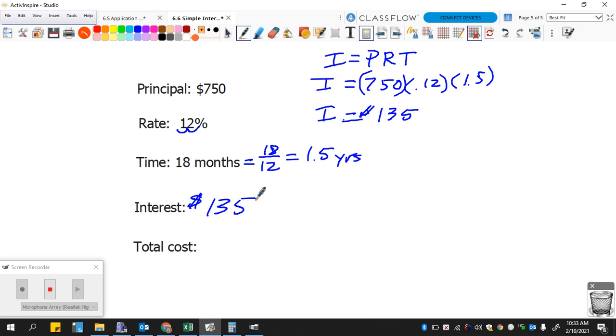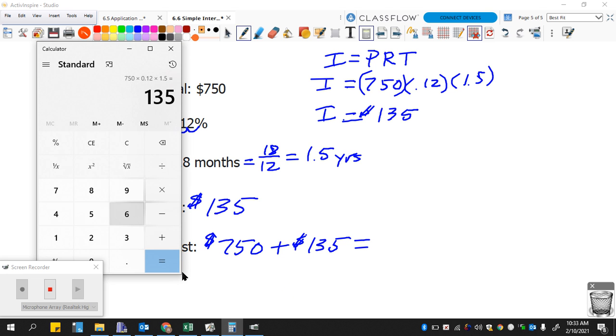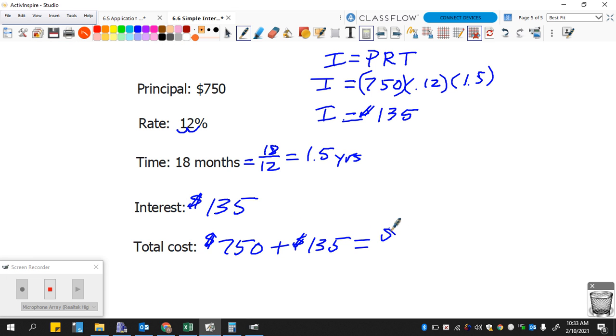The total amount that we pay, the total cost, is $750 plus $135. And when we do that, we end up paying $885 for whatever it is that we borrowed the money to buy.